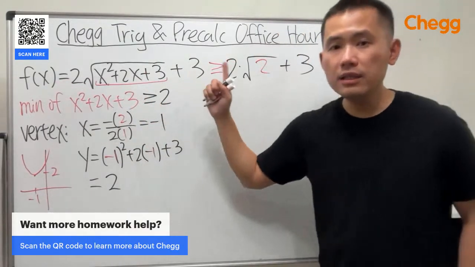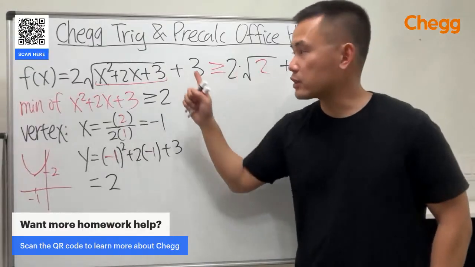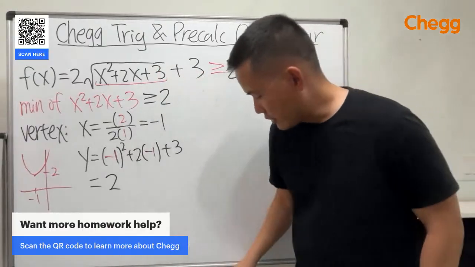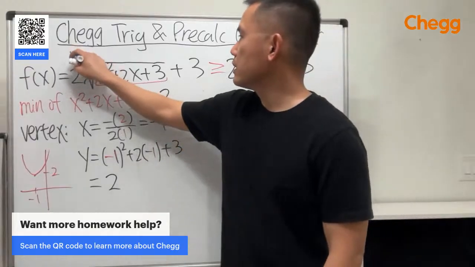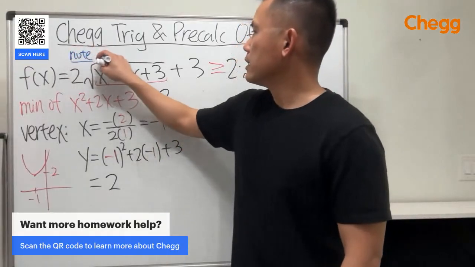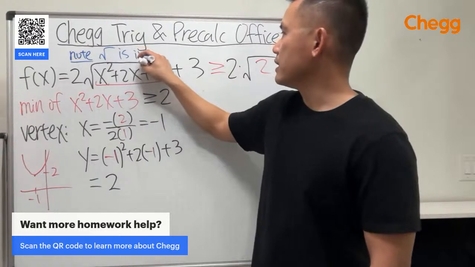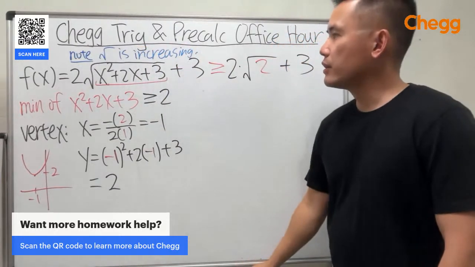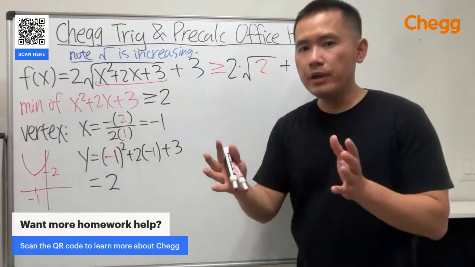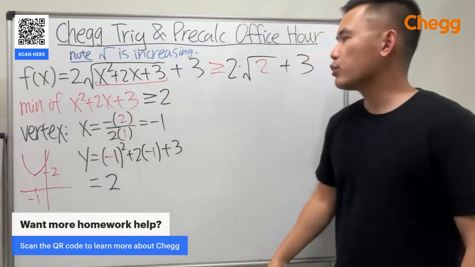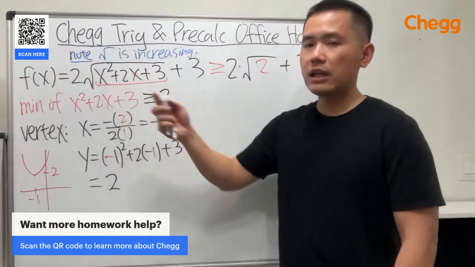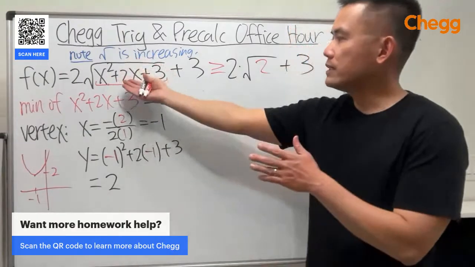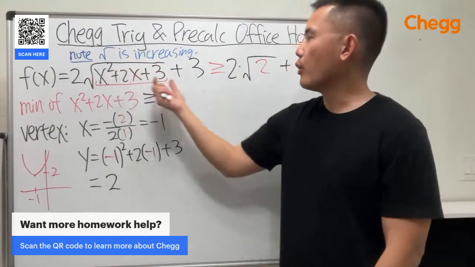And by the way, this right here works because the square root function is an increasing function. So I should say, note, the square root is increasing, right? So that means when the inside gets bigger, the output gets bigger. That's why if the inside right here starts at 2, once the inside gets bigger, then the whole thing will get bigger.